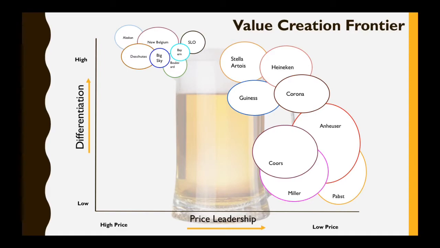Then up in the far left, we have our craft beer target segment, in which Big Sky falls within this group. These are regional groups. They're targeted to smaller markets. They're higher priced than both the imports and the large breweries below. And these beers have more distinct flavors, and they offer more varieties.